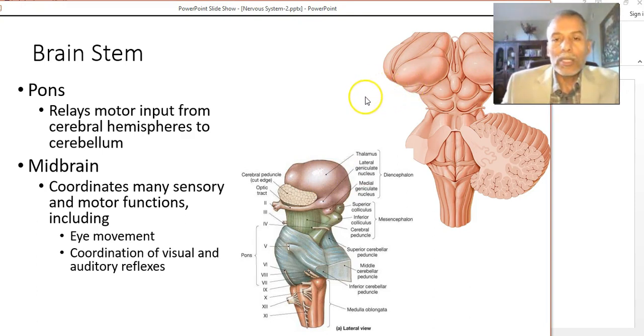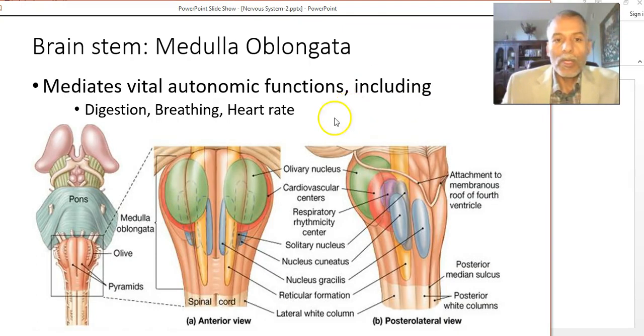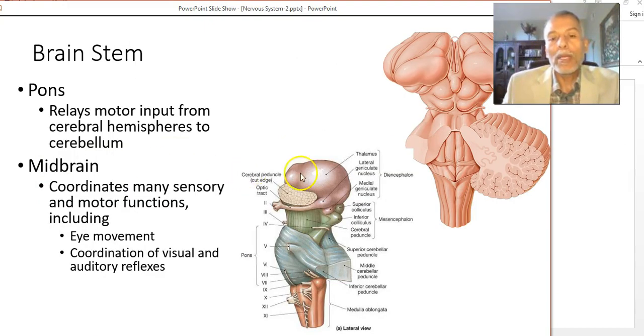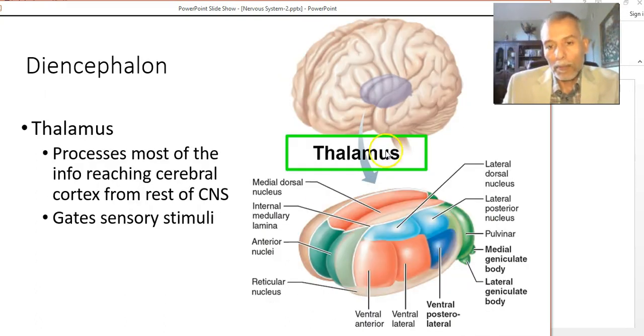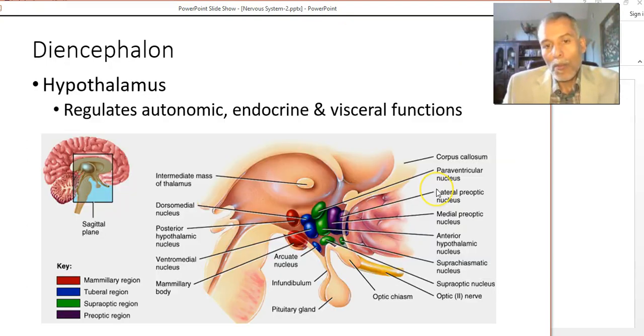And as you could see, there's left and right of each structure. So here again, diencephalon, here's basically the thalamus, and there's another structure called the hypothalamus. It's not visible here. So thalamus and the hypothalamus make up the diencephalon.